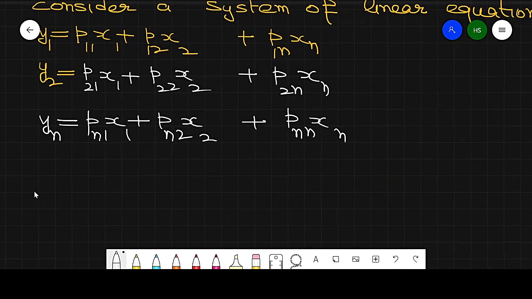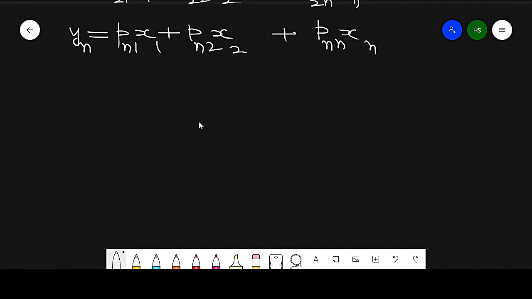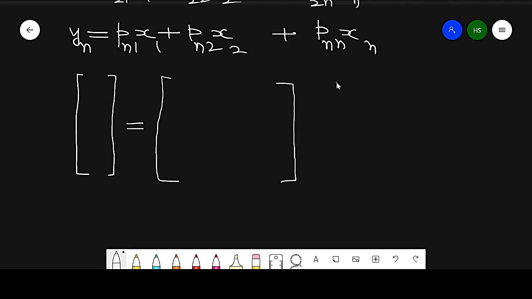Now in matrix form, this system of equations can be written as follows. This is the y column, this is another matrix, and this is another matrix, right? Here this is y1, y2, up to yn.